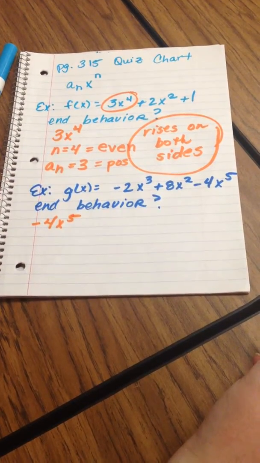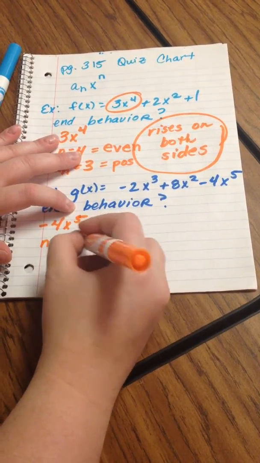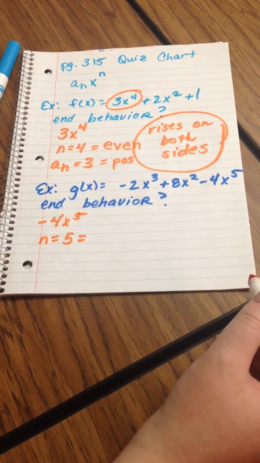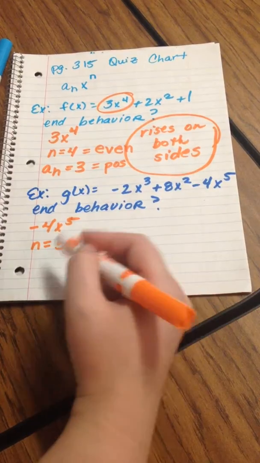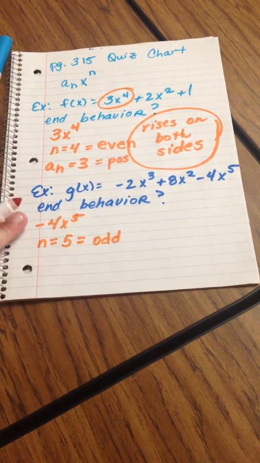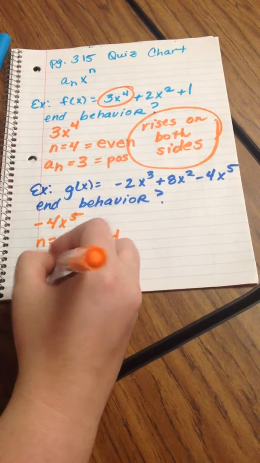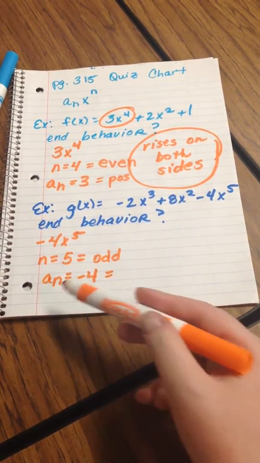First, I have to look at the exponent, and that's the letter n. So n is 5. And if we look back at our chart, we have to tell whether our n is even or odd, and ours is odd. So now we have to look at the number attached, that negative 4, and that's the a sub n. And we have to tell whether it's positive or negative.